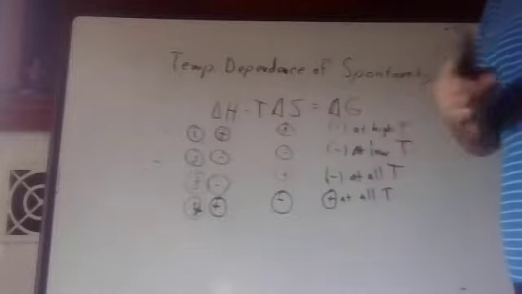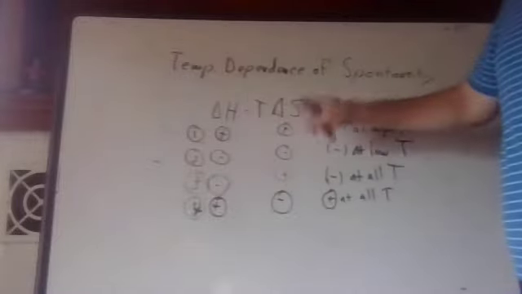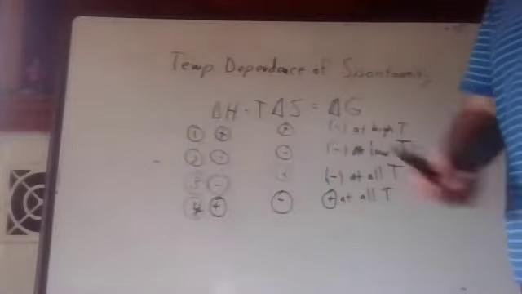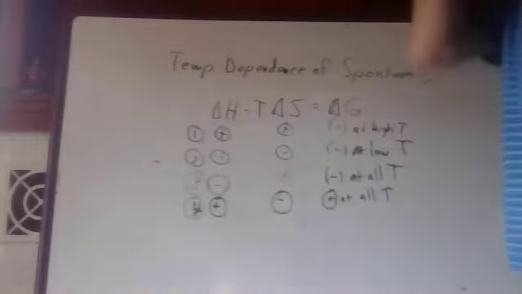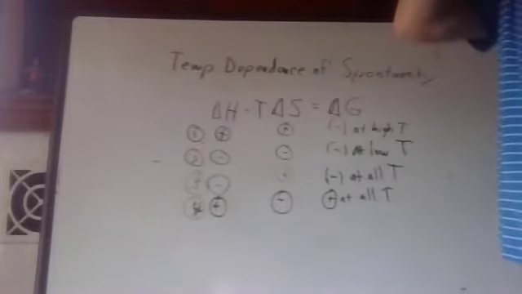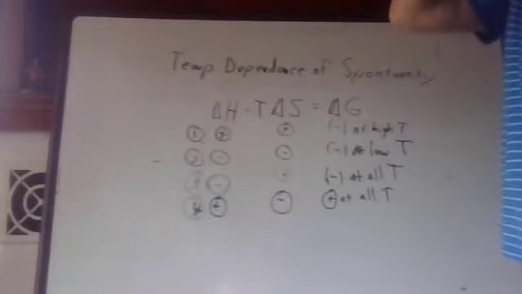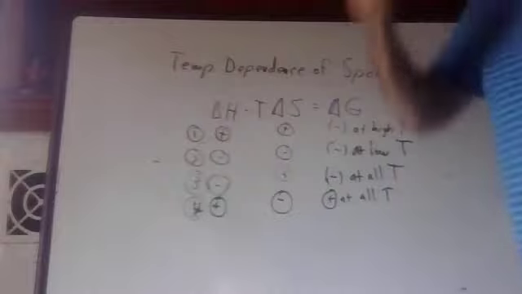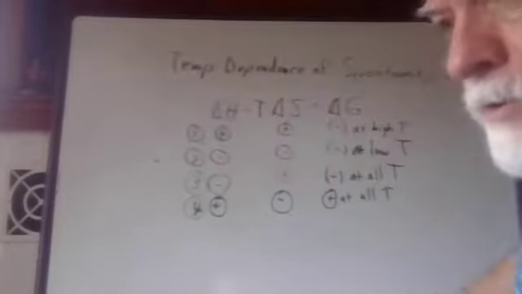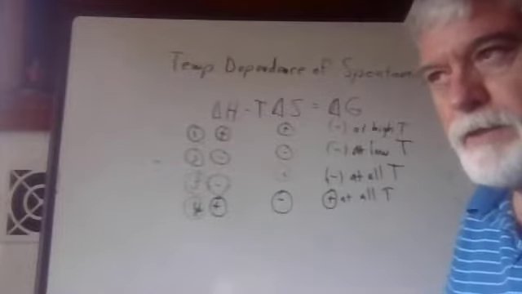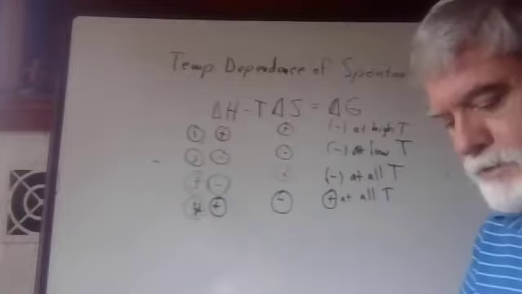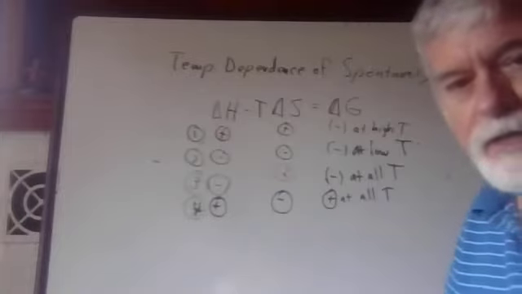Spontaneity has to be driven by at least one of these 2 things, or by both, for a process to be spontaneous. And in the 4th case there, it's not driven by either thing. I guess you could also summarize this by saying that for any process, when heat is released, that always tends to increase something being spontaneous.